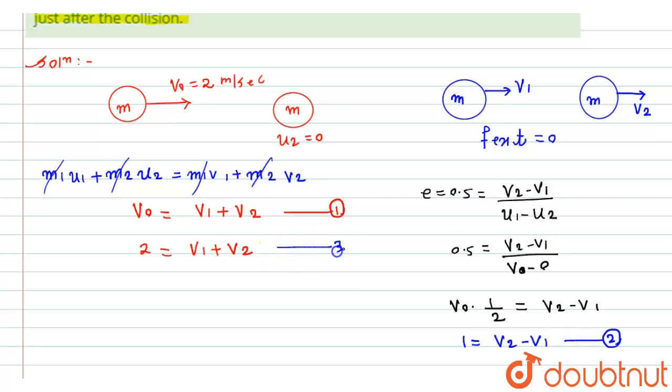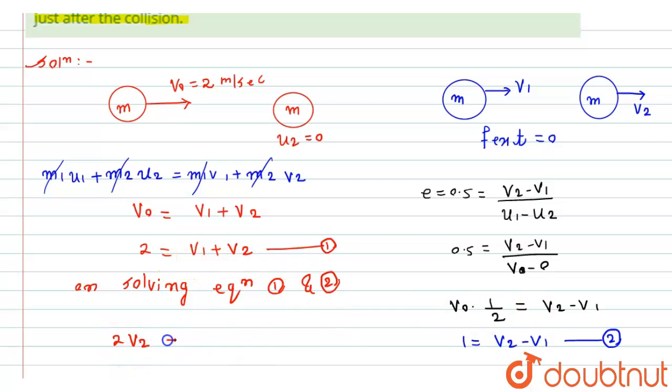On solving equations 1 and 2, if we simply add them, v1 gets cancelled out and we get 2 v2 equals 3. This implies v2 equals 1.5 meter per second.